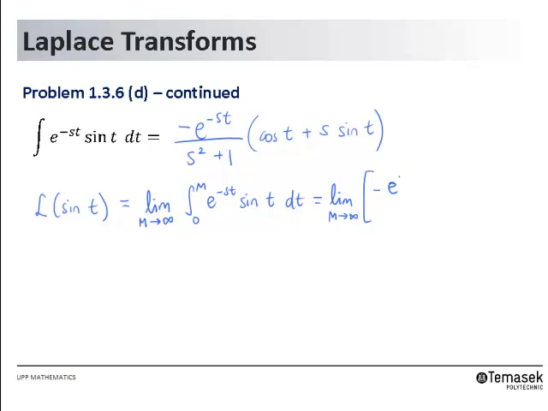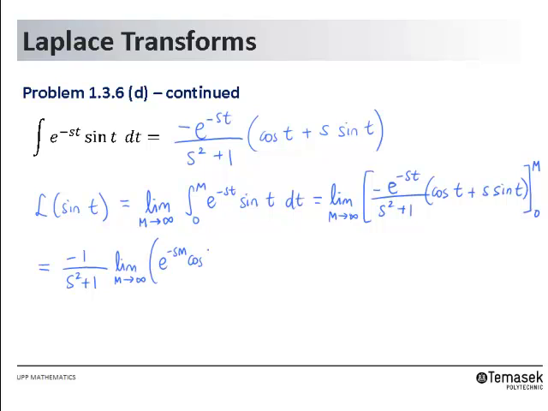Now, this limit is the limit of negative exponential negative st over s squared plus 1 times cosine t plus s sine t from 0 to m. Now we continue and we obtain this.